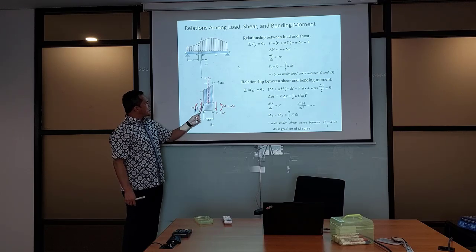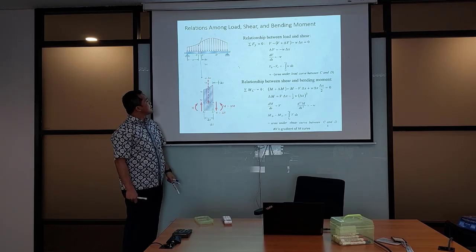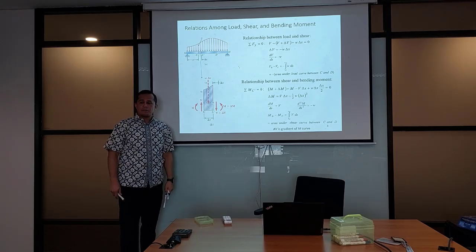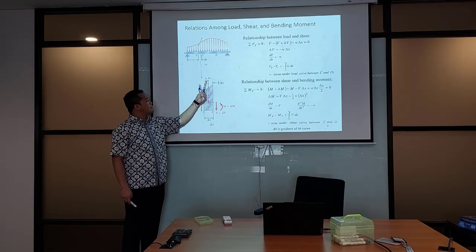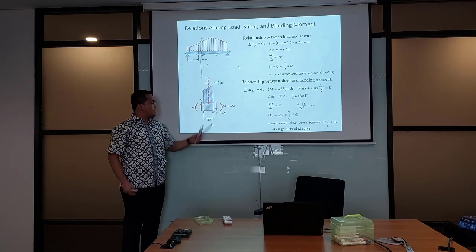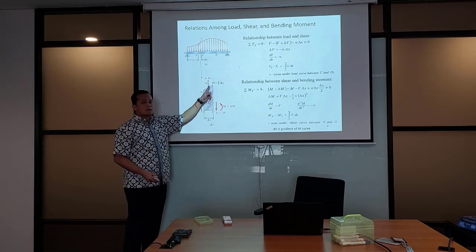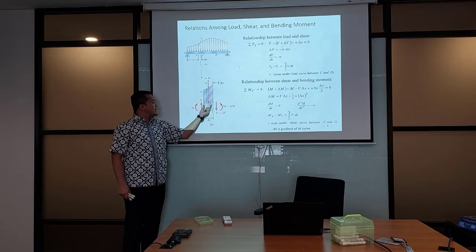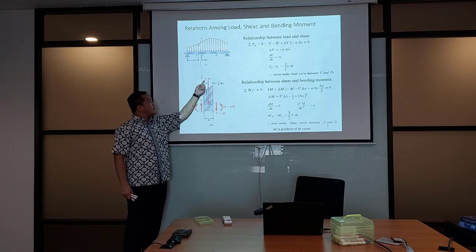What is remaining is the force from the distributed load, the W itself. If you know the equation of the distributed load W, we may just multiply it with the function x. So this is the total distributed load at this particular location, W times delta x.